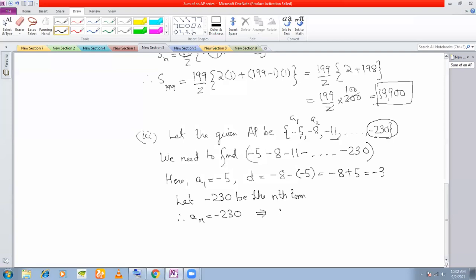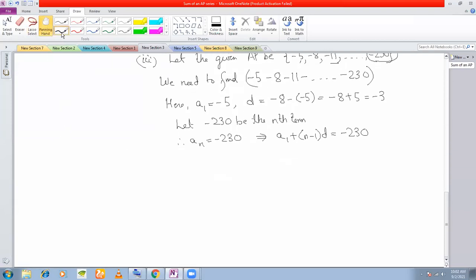And what is the formula for an? A1 plus n minus 1 into d is equal to -230. Put the value.